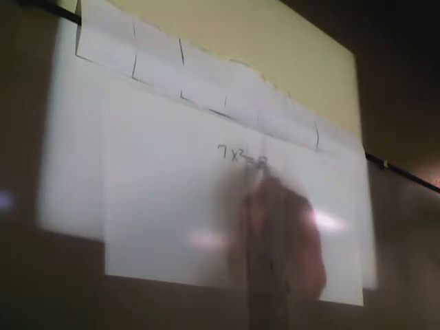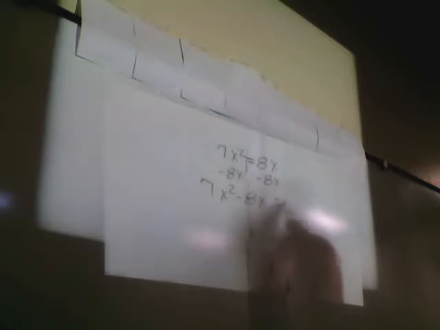Let's do one where we have numbers on both sides. Like say you have 7x squared equals 8x. We need it to equal 0. So first of all, we're going to subtract 8x. So we have 7x squared minus 8x equals 0.